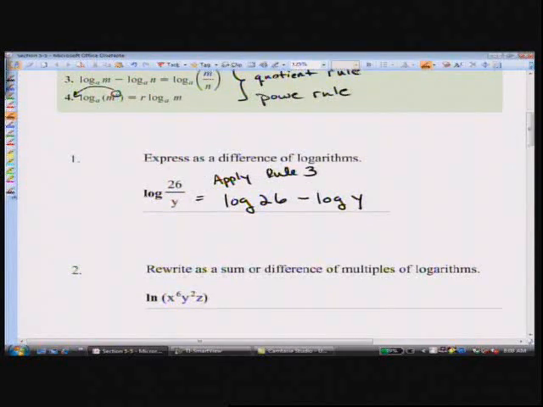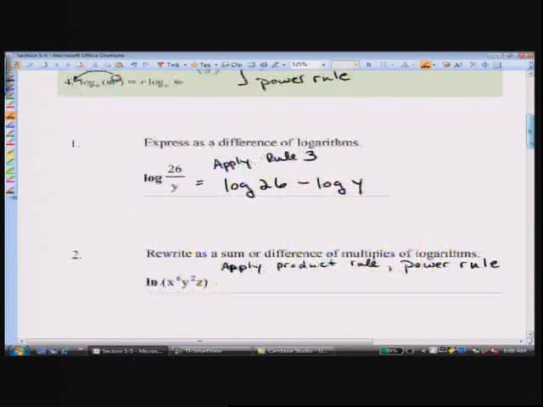Now on this one, we're going to use both rule 2, which is the product rule, and rule 4, which is the power rule. So apply the product rule and then the power rule. The product rule tells us that the natural log of a product is equal to the sum of the individual logarithms.